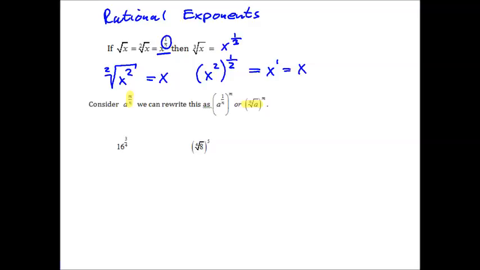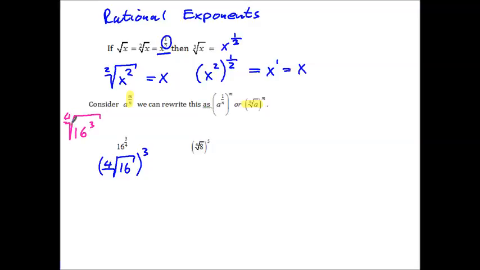Well, looking at our example here, 16 to the power of 3 over 4, we can say this is the fourth root of 16 raised to the power of 3. Now, please note that you could equally write this as 16 cubed and take the fourth root of that.